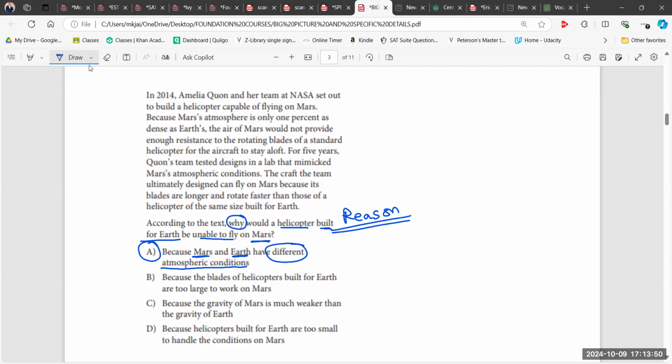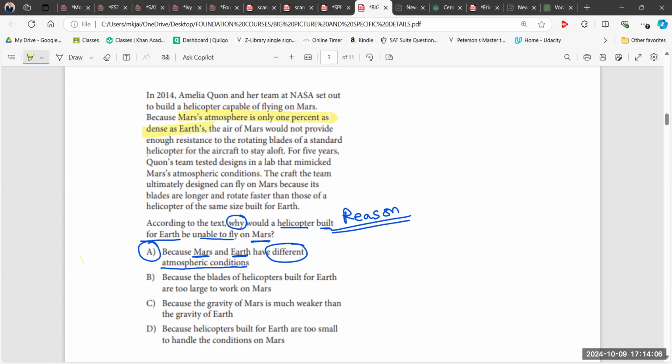Yes, Judy. They have different air resistance. So where to highlight? Mars should not provide enough resistance. Mars's atmosphere is only 1% as dense as Earth's.